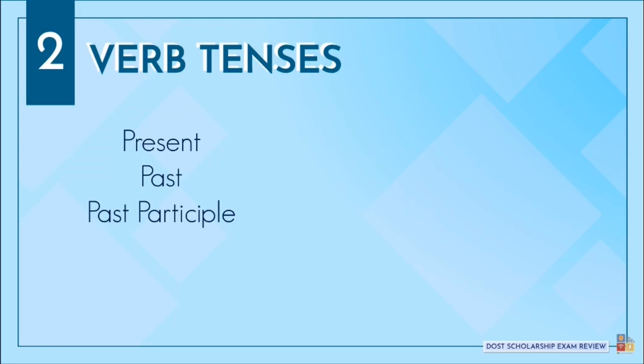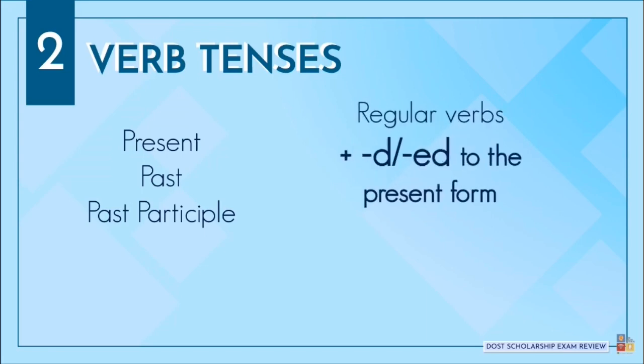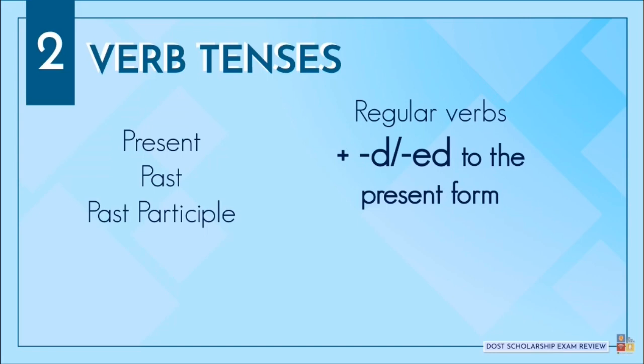The past and past participle of regular verbs are formed by adding d or ed to the present form. An example of this is the word love or loves in present form. Its past form is loved. Its past participle form is also loved.